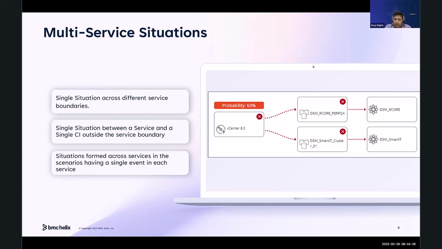Leveraging our BMC Helix Discovery and our automated topology reconciliations, we look at the events which are interconnected and the CIs which are interconnected, and then update those situations with those events, even though they may not be part of that situation, and eventually update the health score of that service also so that the correct root cause can be identified. So that's one piece that we are doing with multi-service situations.